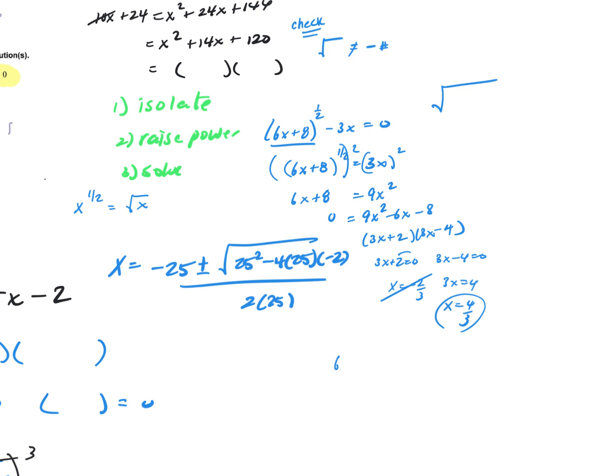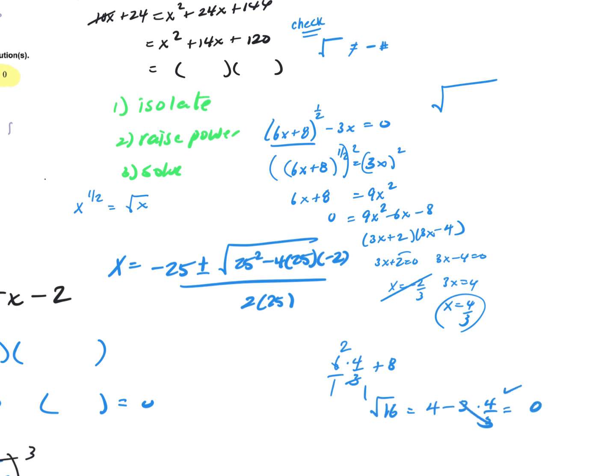You would do 6 times 4/3 plus 8. So this becomes a 1, this becomes a 2. You get 8 plus 8 is 16. The square root of 16 is 4. 4 minus 3 times 4/3 is 4 minus 4, which is 0. So it actually does check.